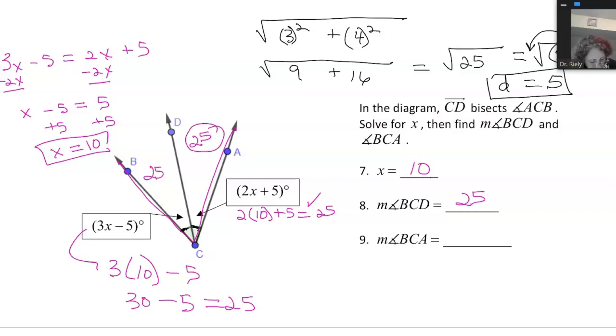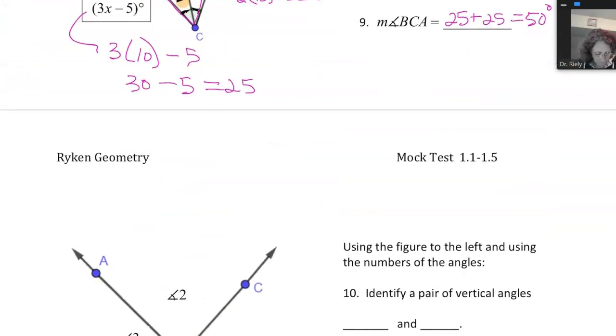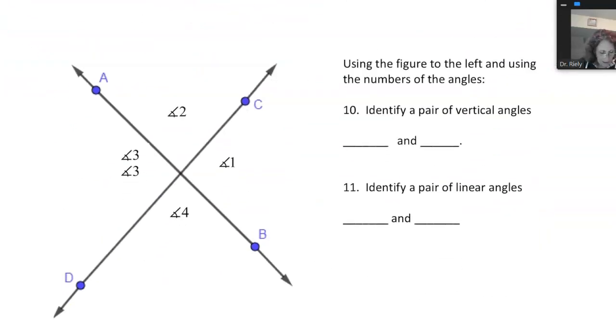So if this angle is 25 and this angle is 25, the big angle is 25 plus 25, which equals 50 degrees. Okay, so that's how you do that when you see the word bisect. Bisect means that this angle equals this angle. Your strategy is set them equal, solve for your x, and then solve for your angles. Okay, you can ignore this little extra angle.